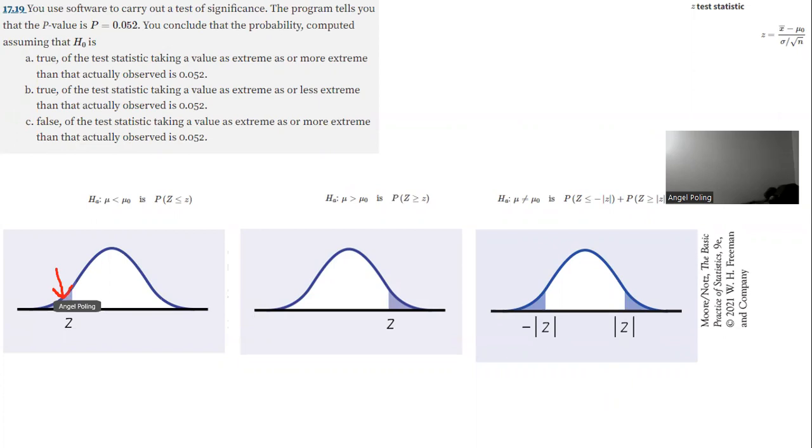This area will be what the book tells you. This area will be 1 minus what the book tells you. And if you use this as 1 minus A, this is also 1 minus A.